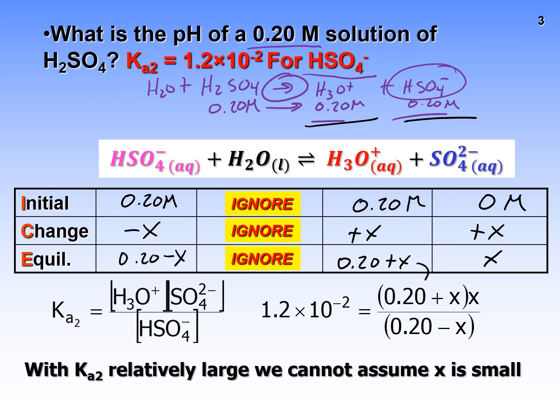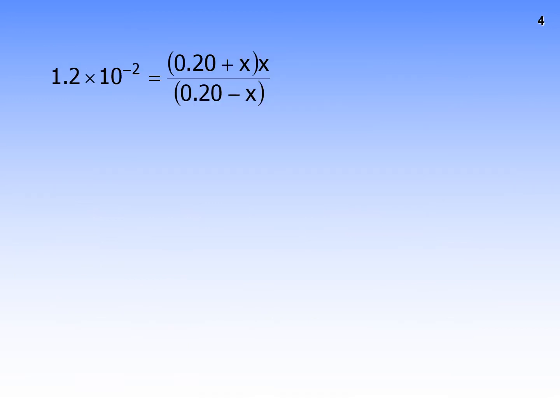And these, as you can kind of see, can be put into our Ka. But the problem is, because this is substantially large, you're not going to get away with using the 5% rule here. You're going to need to use the quadratic equation to solve this problem. So let's rearrange it algebraically, right?